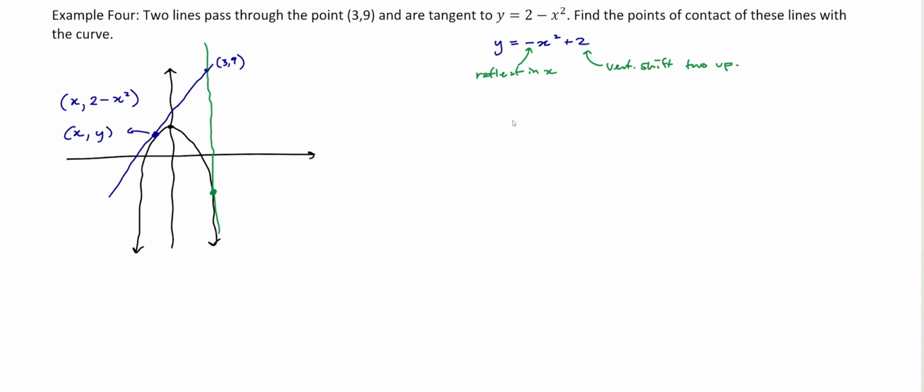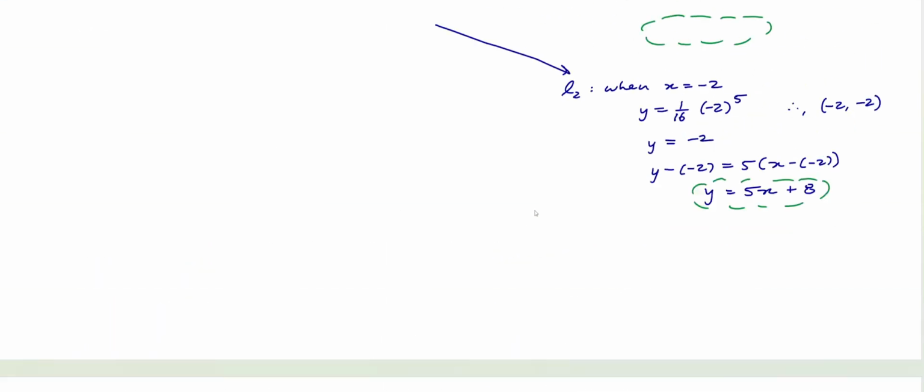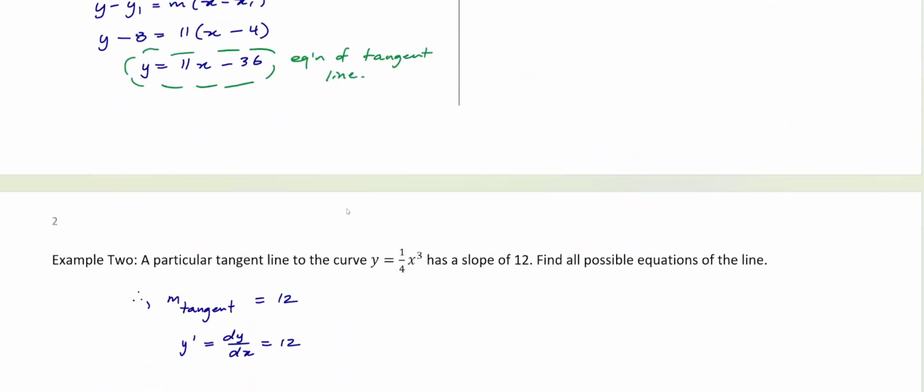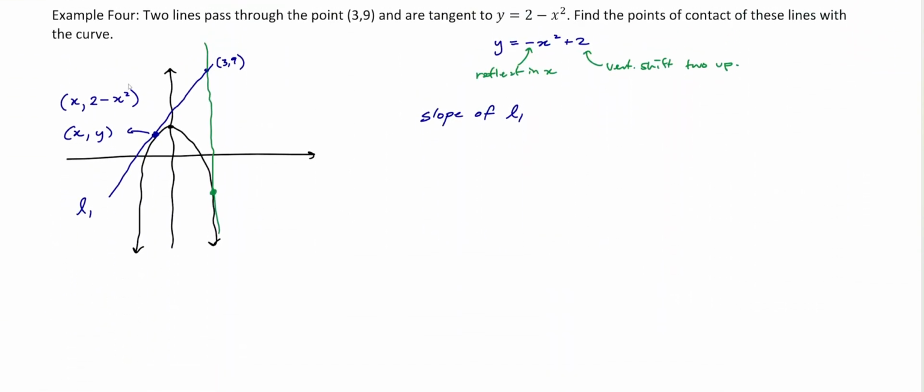Okay, so I'm going to find the slope of this one right here, slope of line 1. If I want to find the slope of line 1, I can use the formula that we saw right at the beginning: y2 minus y1 over x2 minus x1. That's the formula for slope that you've seen for a long time. This is a tangent line, but if it has a slope, it can be found as y2 minus y1 over x2 minus x1.